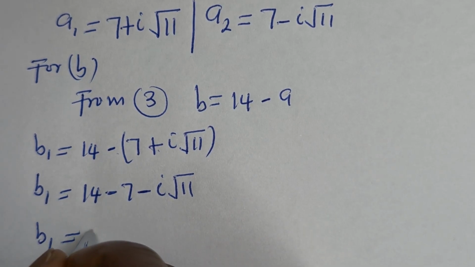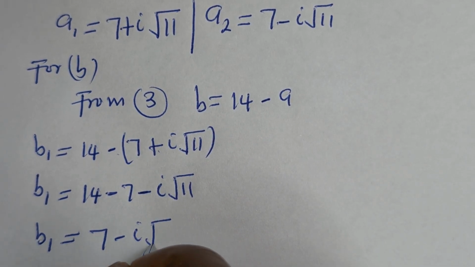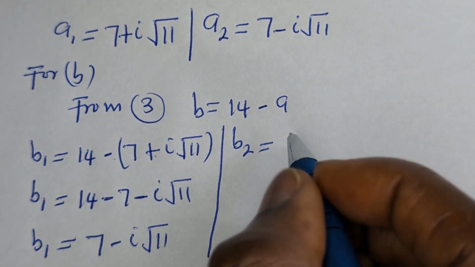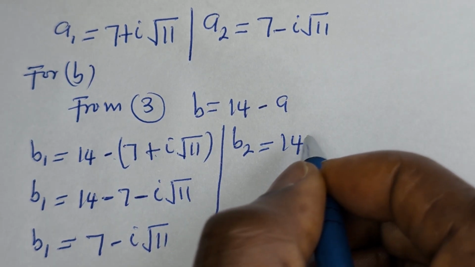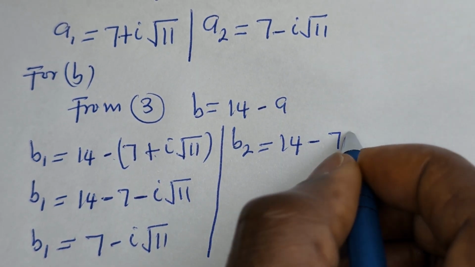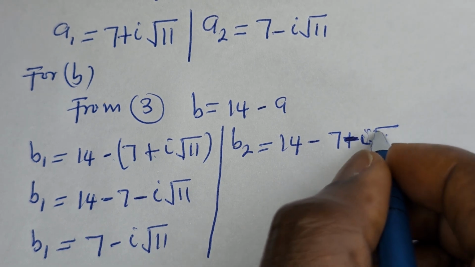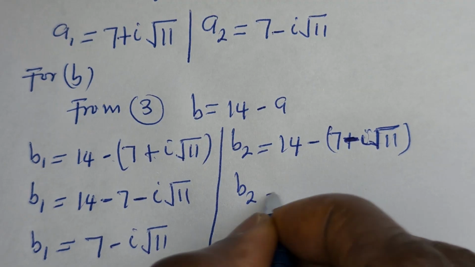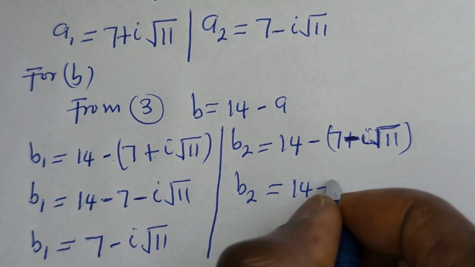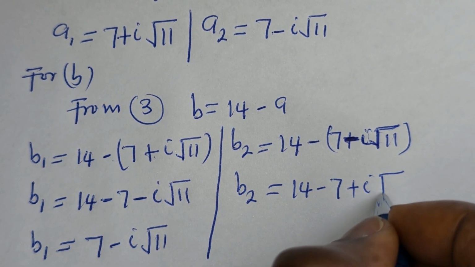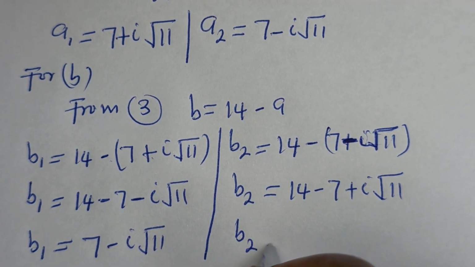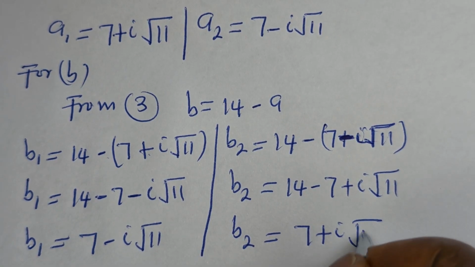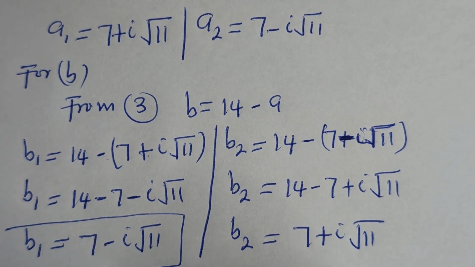B1 is equal to 14 minus 7, this is 7 minus I square root of 11. Then B2 is equal to 14 minus 7 minus I square root of 11. B2 is equal to 14 minus 7 plus I square root of 11. B2 is equal to 7 plus I square root of 11. This is the value of B2.